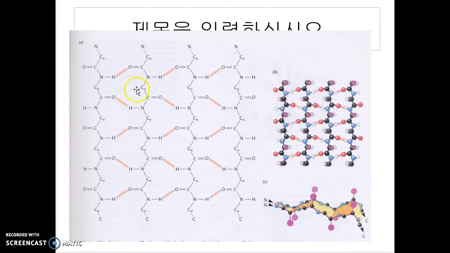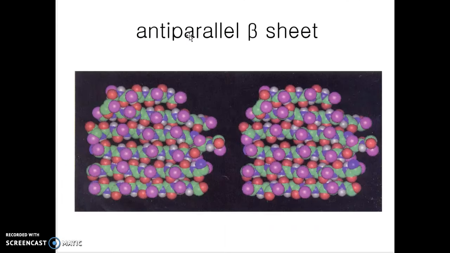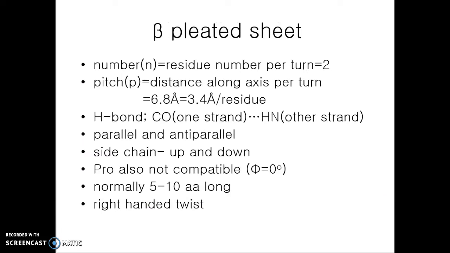You can see again the hydrogen bonds made between the peptide bonds of two strands. It's very similar to antiparallel. This is a space filling model for antiparallel beta sheet. So it's kind of a spread type.